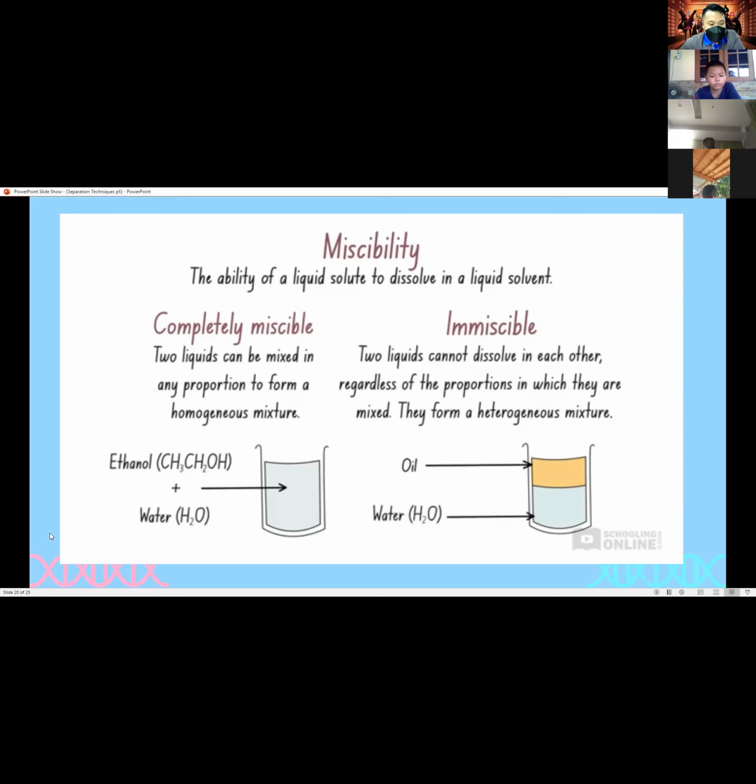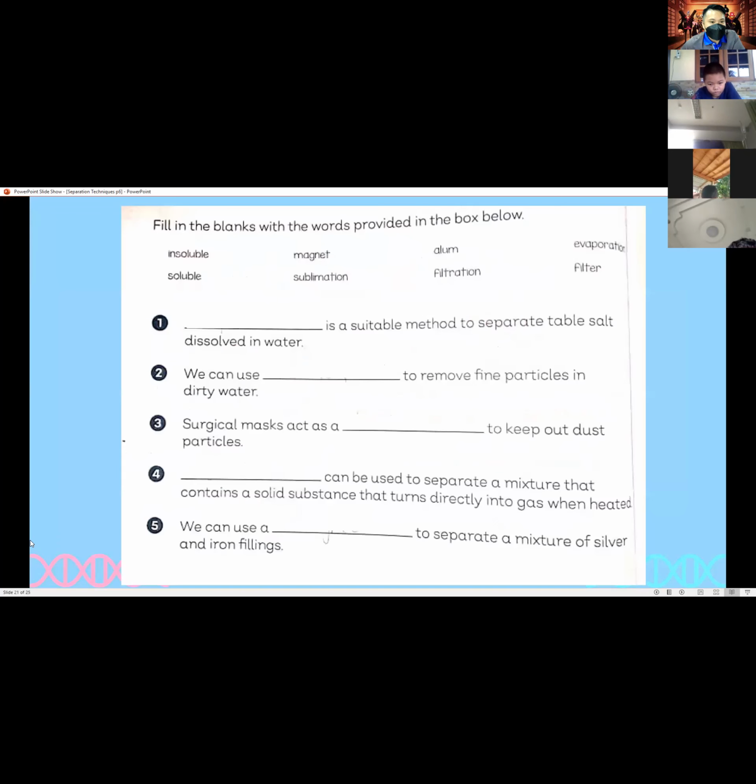Okay. So next, fill in the blanks with the words provided in the box below. This is in your class book, page 42.